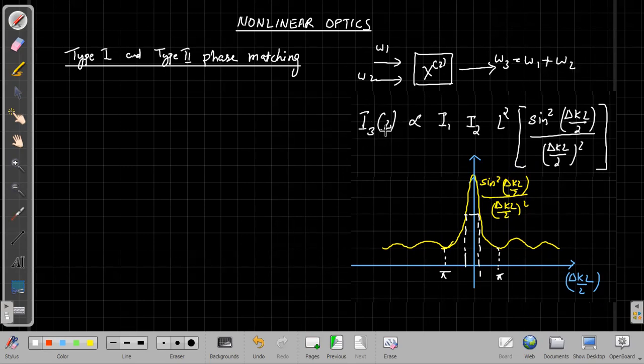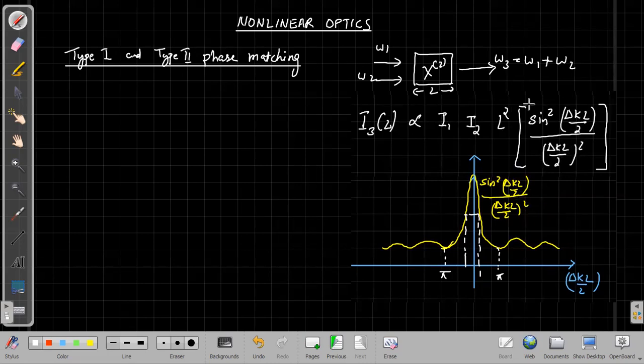The intensity of omega 3 is proportional to the intensities of the incident lights, I1 and I2, and the square of the length of the crystal. It is also proportional to the sinc function of delta K L by 2.